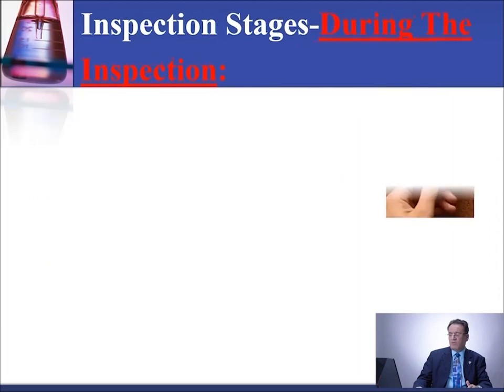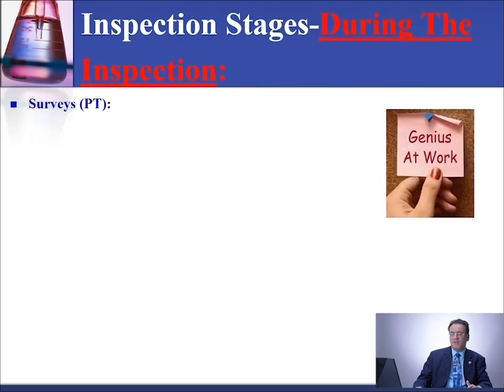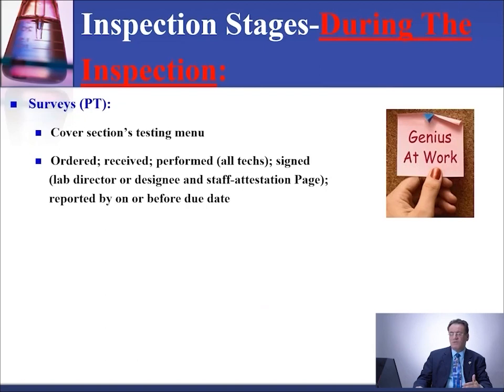What else they will be looking at during the inspection? They will be looking at your proficiency testing, obviously. So they will see that your PT order cover your testing menu. They wanna see that you order PT, you received it, you perform it, and all the techs who are involved in the patient testing are involved in PT.